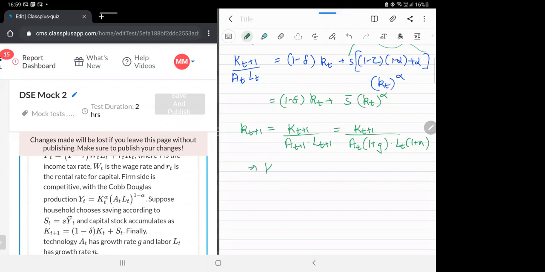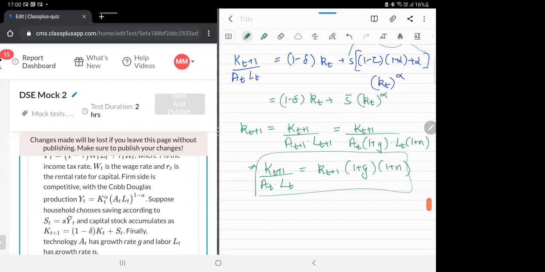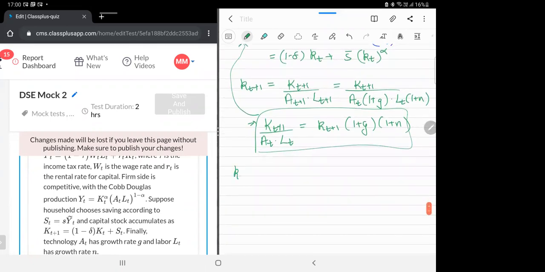So this implies K_{t+1}/(A_t L_t) must be equal to k_{t+1}(1 + g)(1 + n). I can make this substitution here. So what I'll get is k_{t+1}(1 + g)(1 + n) must be equal to (1 − δ)k_t + s̄ k_t^α.